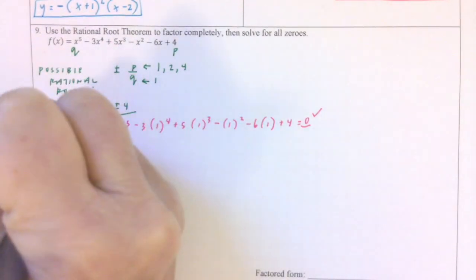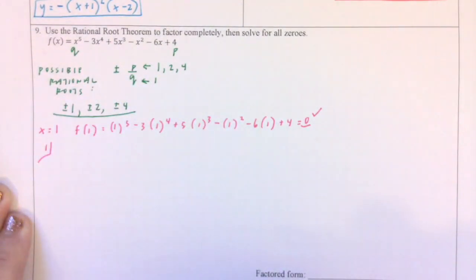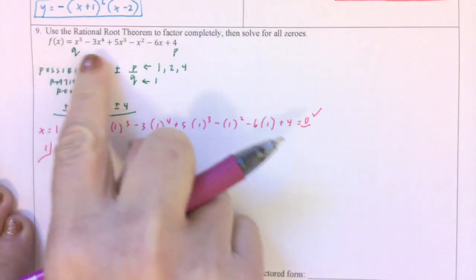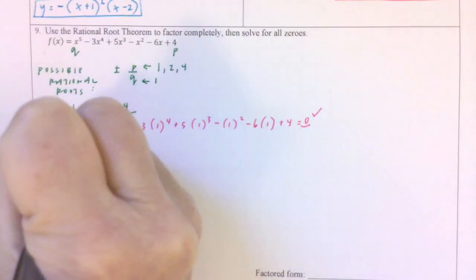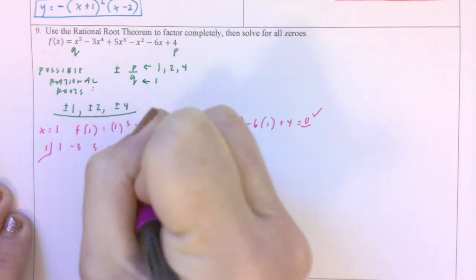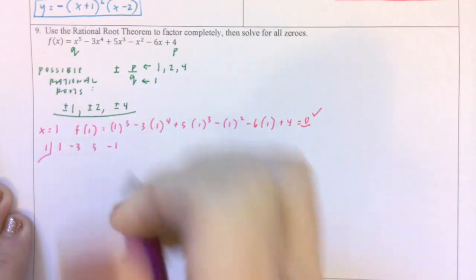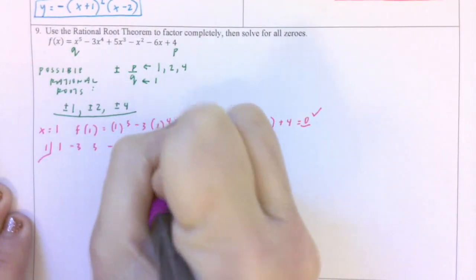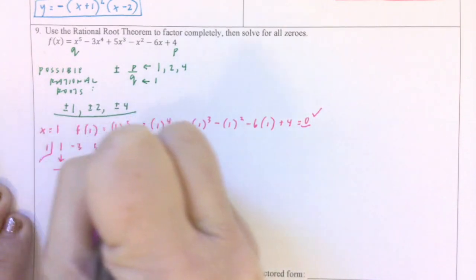So let's divide it out using synthetic division. So transfer all of those coefficients. And let's divide it out.